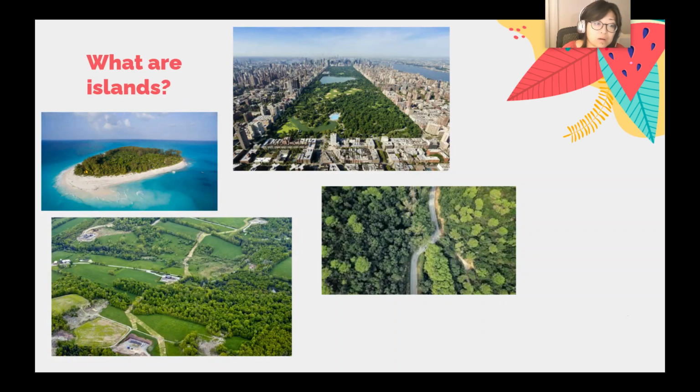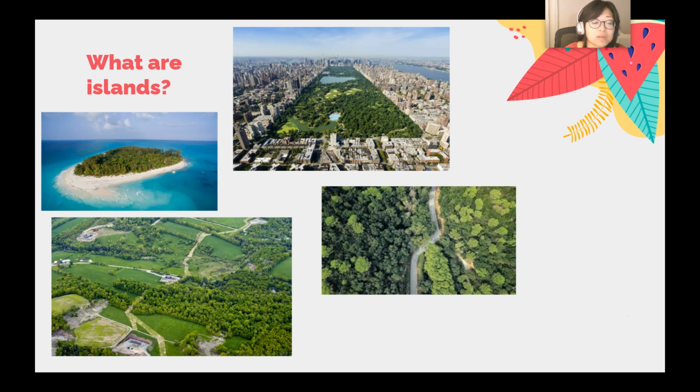Well, islands aren't just islands in the middle of the oceans like this. Ecological islands are habitat that's surrounded by non-habitat or a different habitat. So the organisms in here are essentially stuck there, confined in that area, because the area surrounding it is not hospitable for that organism.